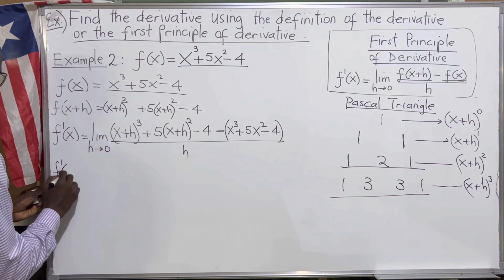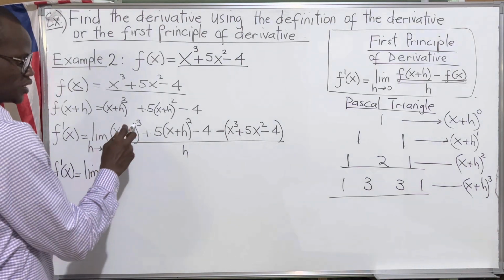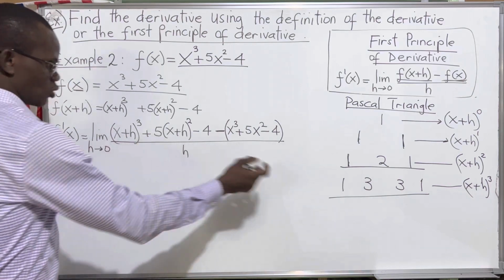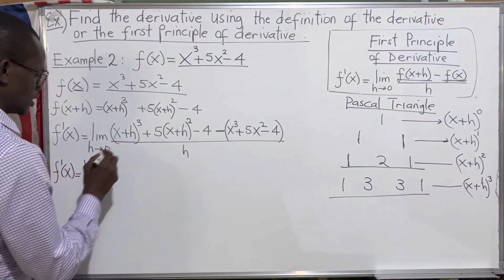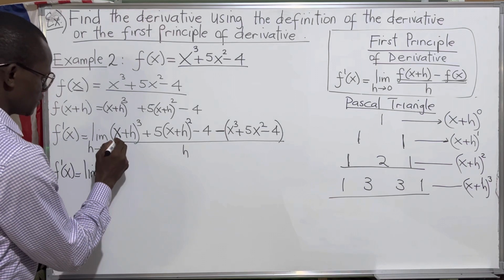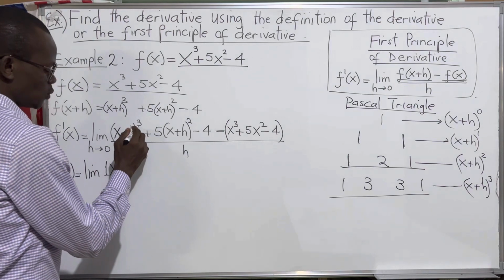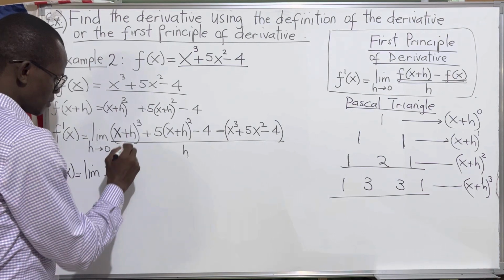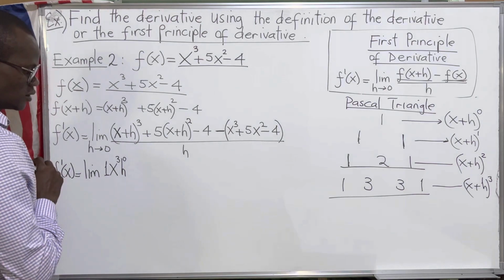We got f prime of x is equal to the limit. So x plus h raised to the third power. This is how we do it. Pay keen attention. The coefficient for this first term is 1, so it's 1. Then we take the first term in this parenthesis, which is x. The highest power is 3, so we raise x to the third power. Then we take the next term, h, we attach it, and raise it to the 0 power.